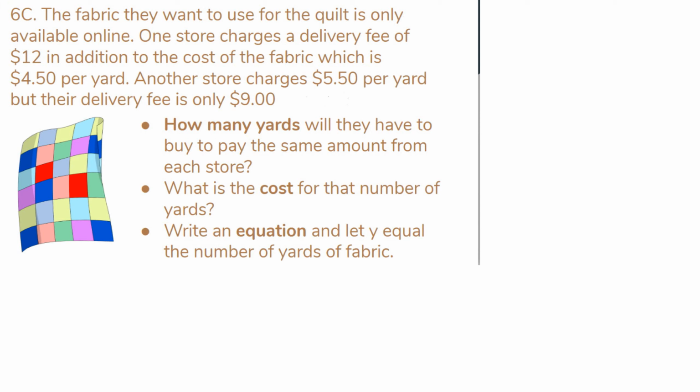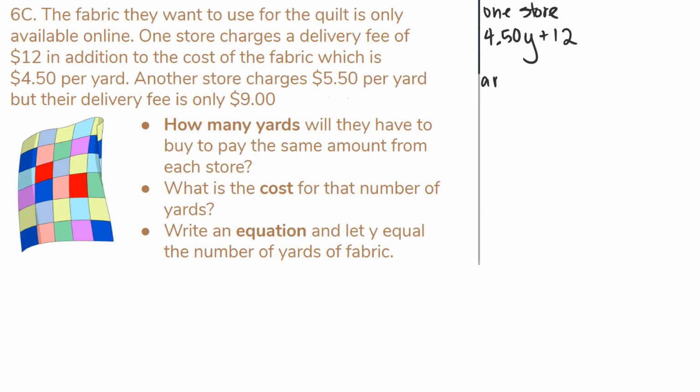Okay, so part C, it says the fabric they want to use for the quilt is only available online. One store charges a delivery fee of $12 in addition to the cost of the fabric, which is $4.50. So we'll put one store. They're going to charge $4.50 per yard, plus they're also going to charge a $12 delivery fee.